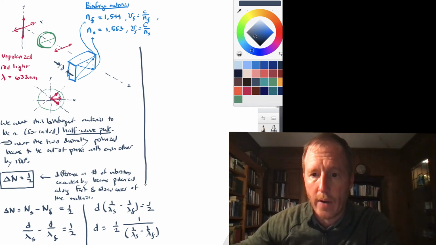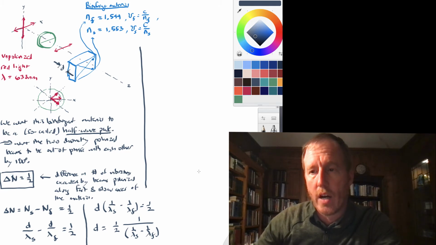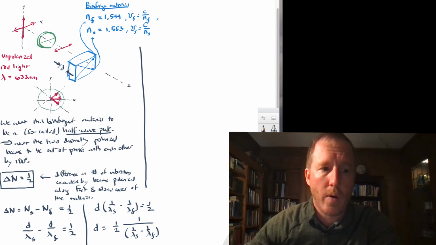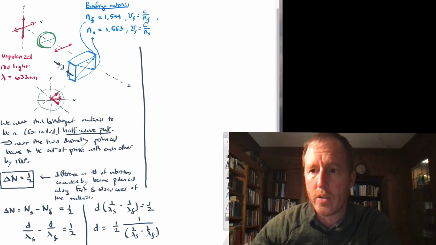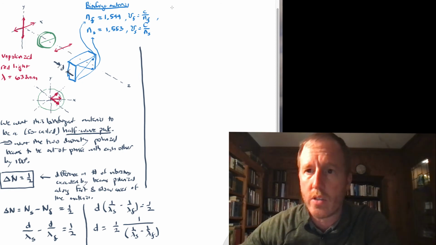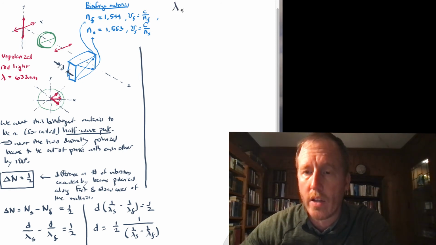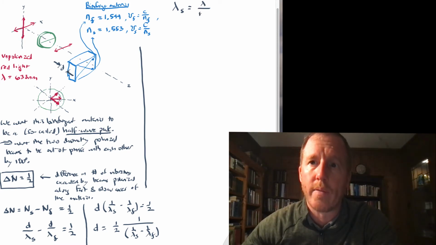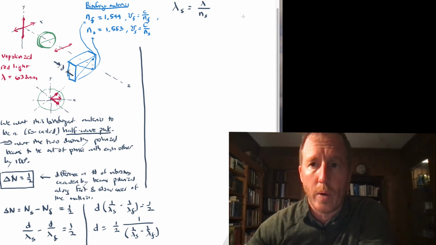Now, how do we figure out the wavelength of the wave polarized along the slow axis? How do we figure out the wavelength of the wave polarized along the fast axis? Well, that's pretty easy. Remember how we do this. What we can do is say the wavelength for the wave polarized along the slow axis is going to be the wavelength in a vacuum or in air, they're pretty close to the same, divided by the refractive index of the wave polarized along the slow axis.